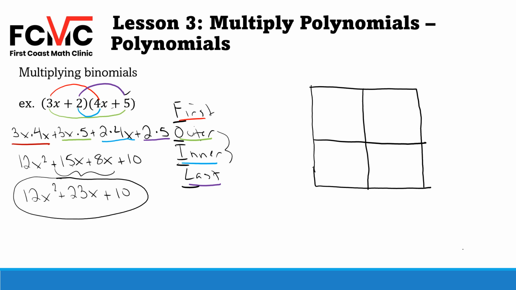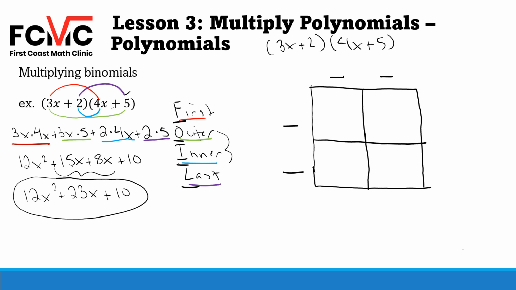And our multiplication is multiplying 3x plus 2 times 4x plus 5. So basically what we have is we've got 1, 2, 3, 4 spaces along the sides of the box. I'm going to fill in each one of these spaces with a term from our binomial.